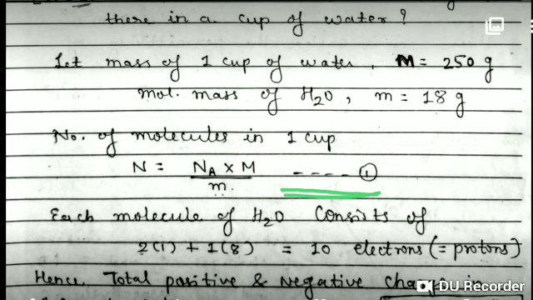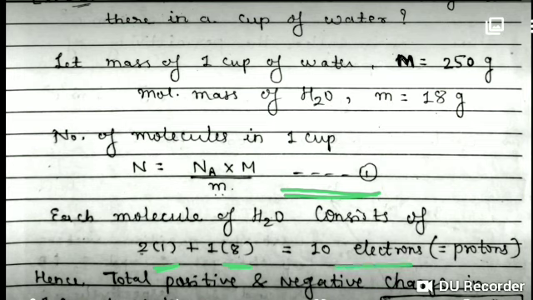Now next is about how many electrons are there in one molecule of water. We know that hydrogen, its atomic number is 1, so it consists of one electron as well as one proton. Similarly, in oxygen there are 8 electrons as well as 8 protons.